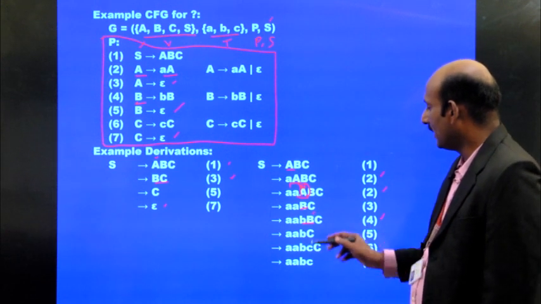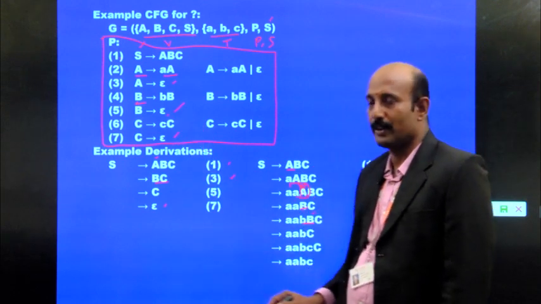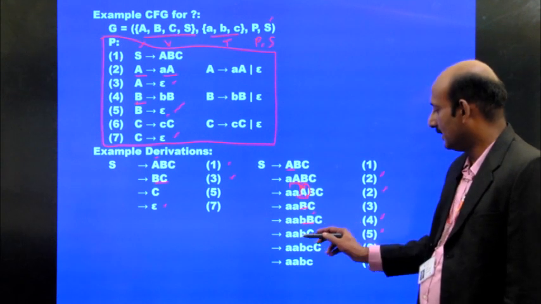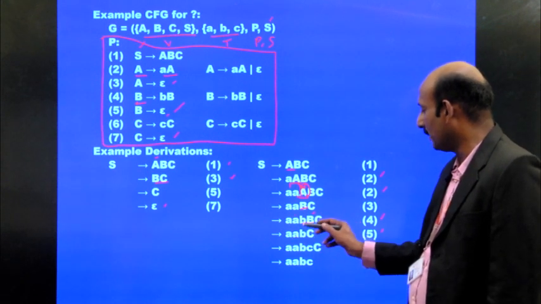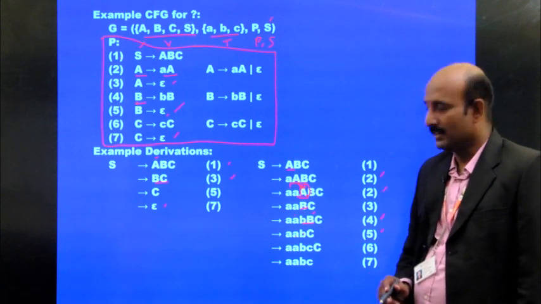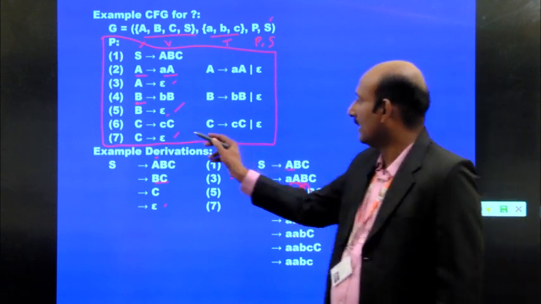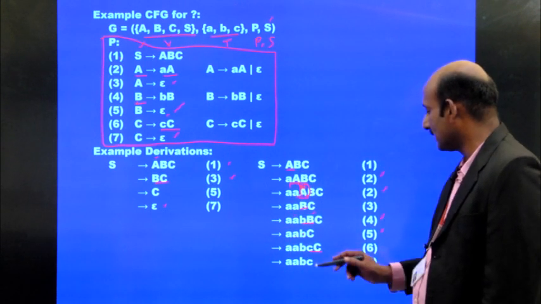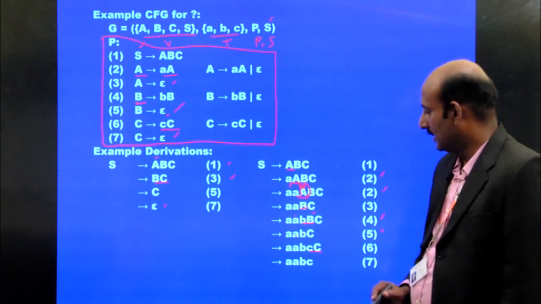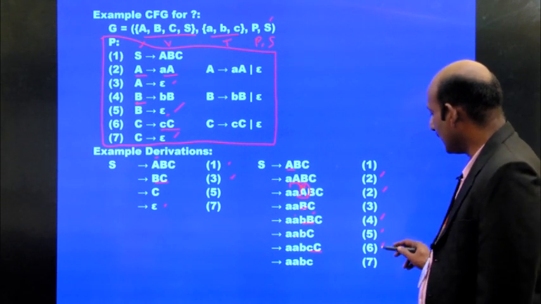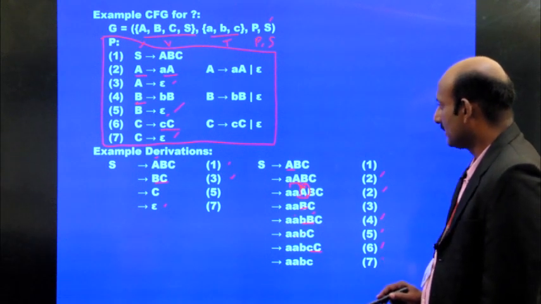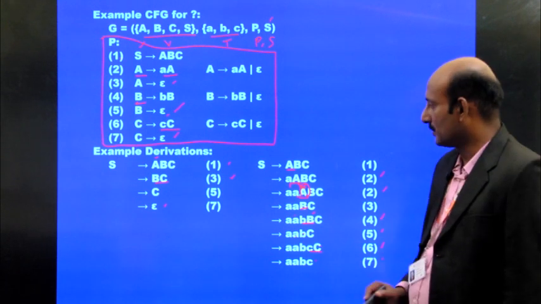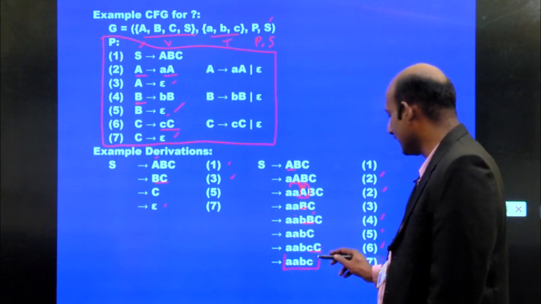Now the capital B is reduced, as per rule number 5, it generates epsilon, then we get the remaining A, B and capital C. But this capital C can be replaced into small c, capital C. Then we replace by rule number 7, and the capital C is again reduced to epsilon. So we may get this one as AABC.